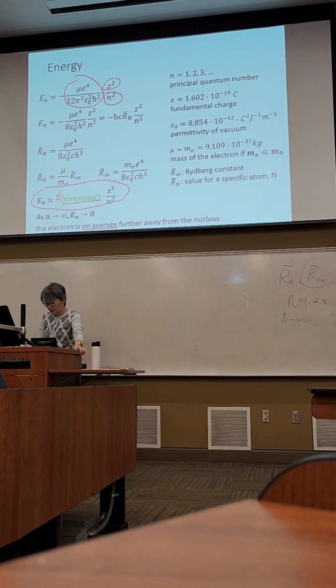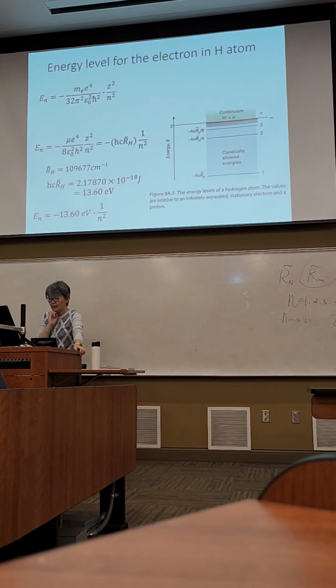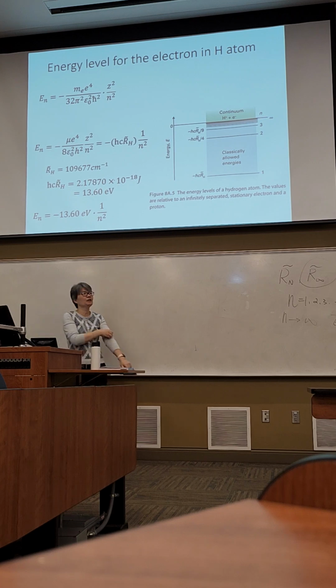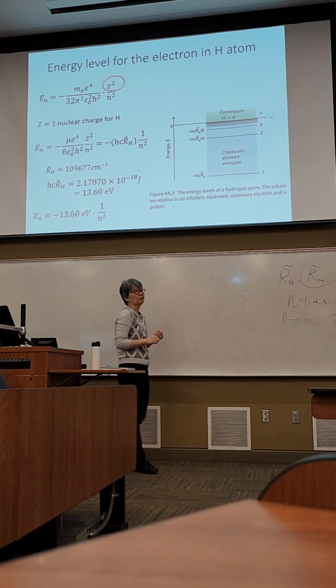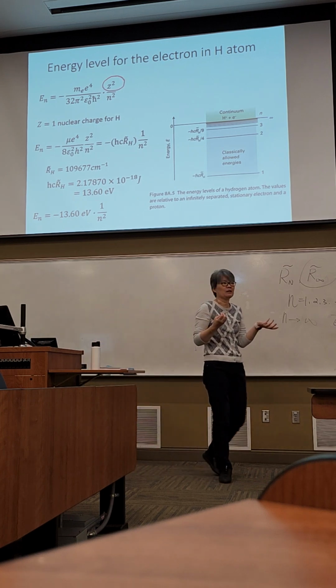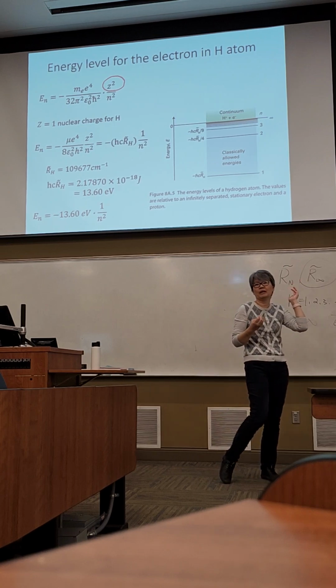Now we are going to apply it to the hydrogen atom. For the hydrogen atom, from the generic Z squared here, we know the Z value is 1, so you can plug 1 into it.